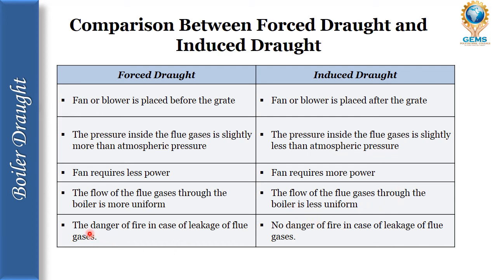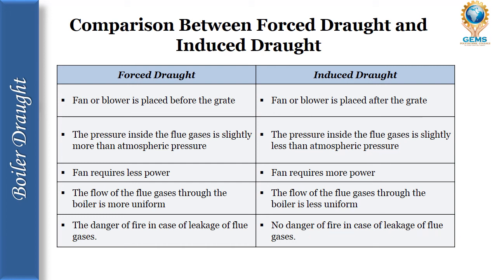In a forced draft system, there is a danger of fire in case of leakage of flue gases. It means the pressure inside the system is maintained higher than the atmospheric pressure, so that any fire inside the boiler or system will rush out to the atmosphere outside. In an induced draft system, there is no danger of fire in case of leakage of flue gases.